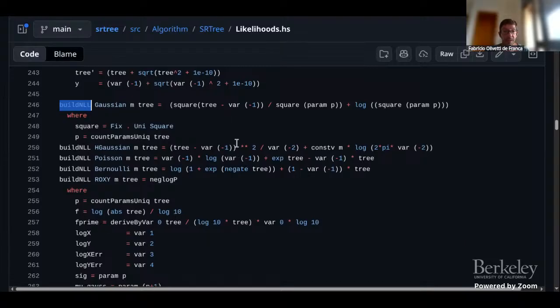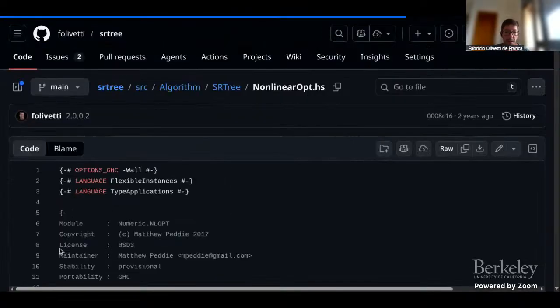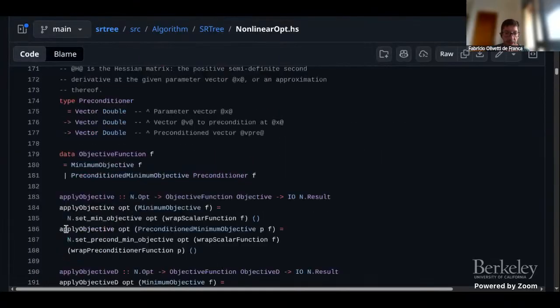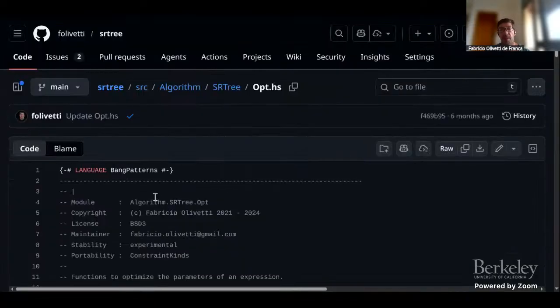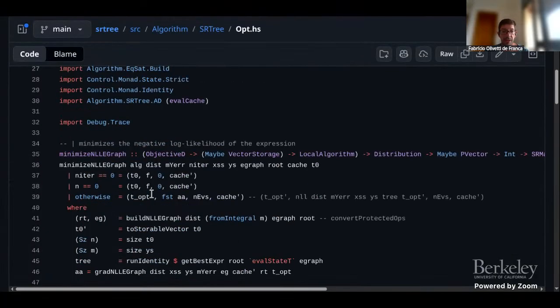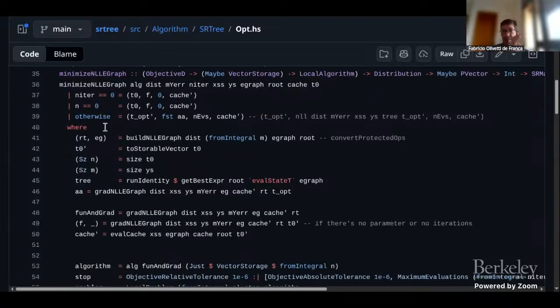And then what happens here is, let me go back here. Let's see if this one here. No, there's another one here. So I pass this along to this function called minimizeNLL e-graph. Again, I'm passing the e-graph that contains the instructions on how to calculate the likelihood.